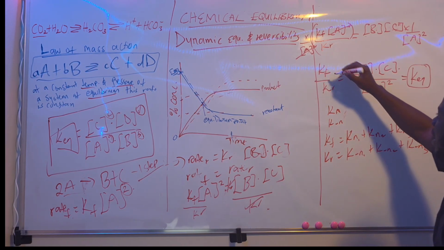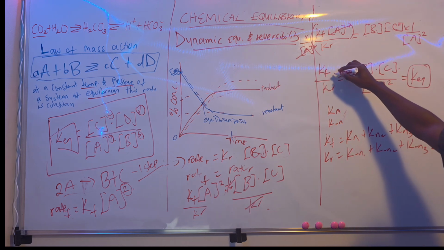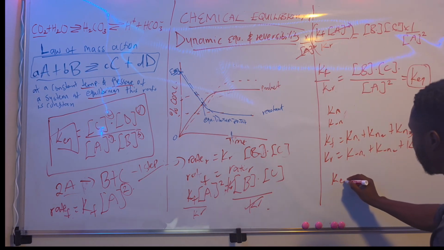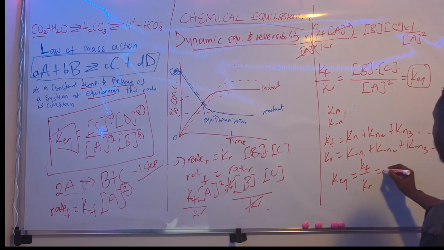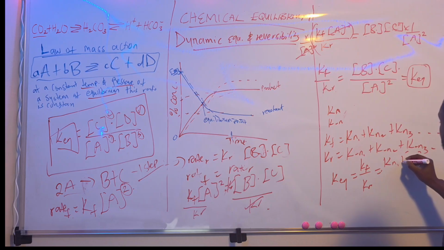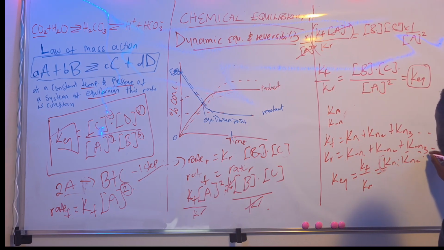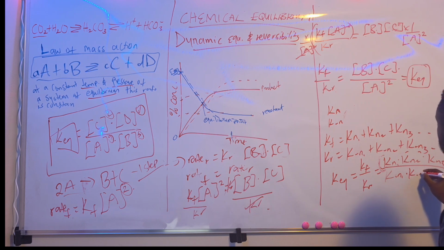And then we've stated that the Kf over Kr, when we did it, we found out that it became a reciprocal, right? So the Keq, which is equal to the Kf over the Kr, is going to be Kn1 dot Kn2 dot Kn3, all divided by K minus N1, K minus N2, K minus N3.